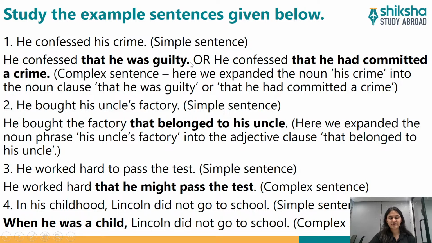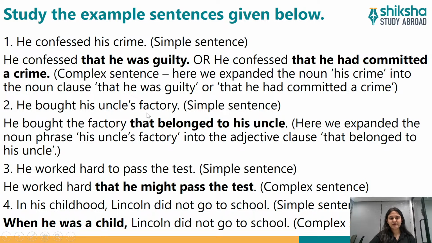So, "that he was guilty", this part of the sentence which we have added, has changed it from simple to complex, right? Or we can also write it as, "He confessed that he had committed a crime." This is just another way of saying it by using different synonyms. So again, it's a kind of paraphrasing here.